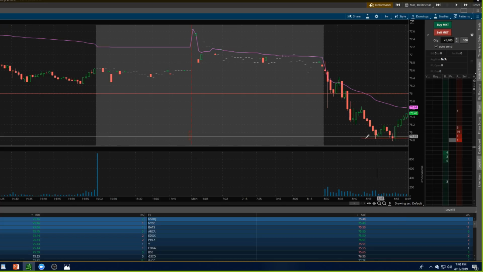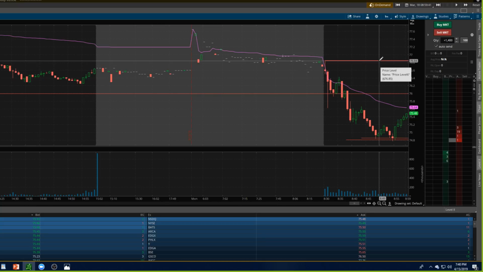We can say the low of the day is at 74.80 and the high of the day is at 76.85. And so that is roughly what is that? $2.05. So it's got about a $2.05 range. That's a pretty big range, although it is a more expensive stock.